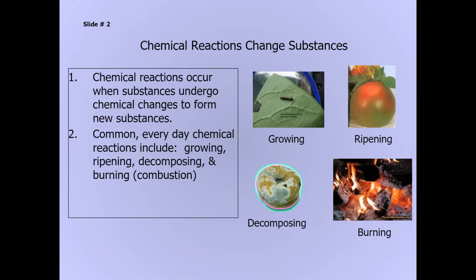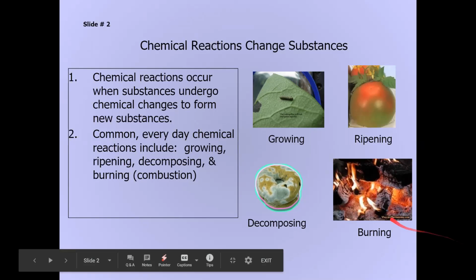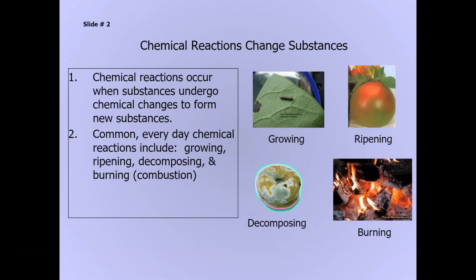And then we go from starting off with a bundle of logs in our fire pit to, at the end of it, having a whole bunch of smoke that went up into the air and a lot of ash down here at the bottom of the log. So this combustion is a chemical reaction. We're taking one set of substances, the logs, and turning them into new chemicals, new substances, smoke and ash.